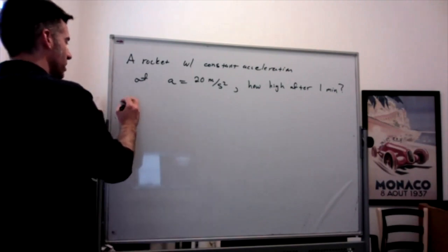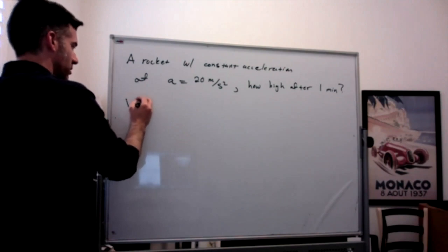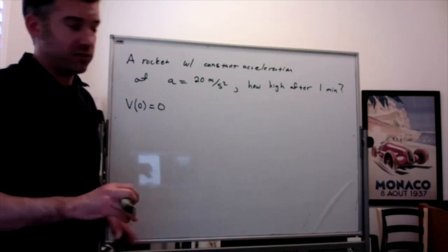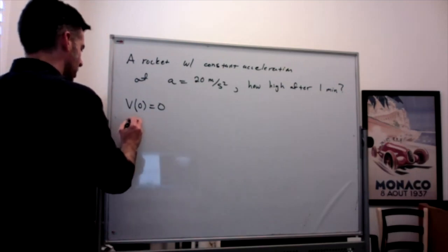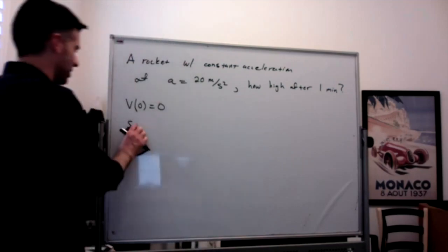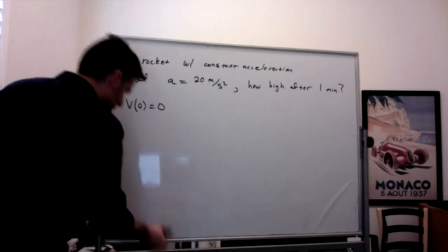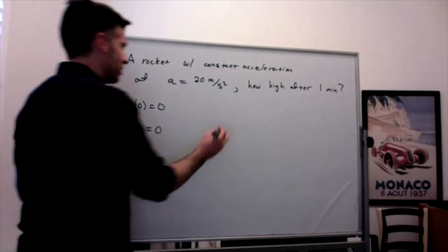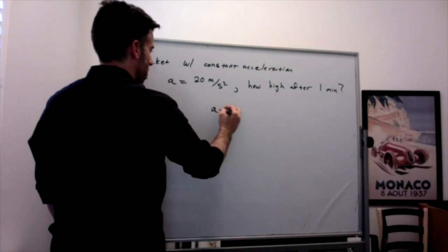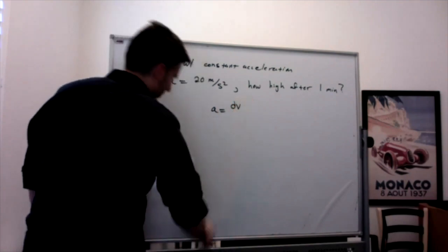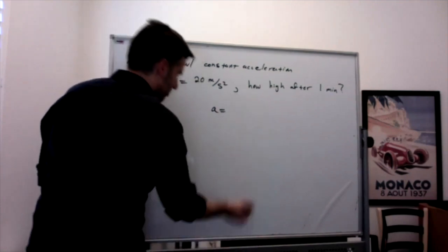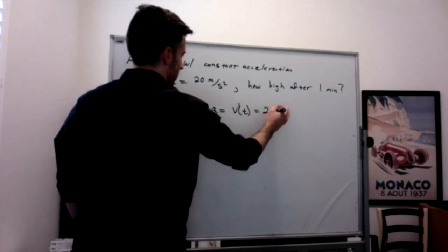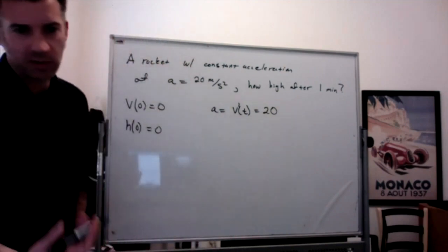We know that the initial velocity is 0, since it's starting off when taking off. The initial height is also 0. And we know that acceleration, which is the derivative of velocity, and I prefer this notation, is equal to 20 meters per second squared.